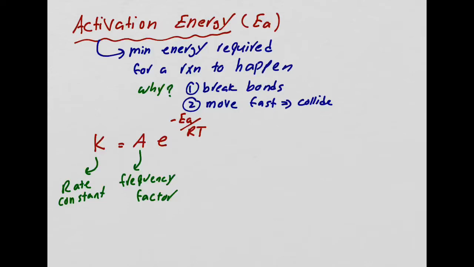Now, when we go on top, Ea, that just means activation energy. That's activation energy. And I should have not circled the whole thing. Let me do a better job of circling this. Okay. I didn't want to circle the minus because Ea is activation energy.